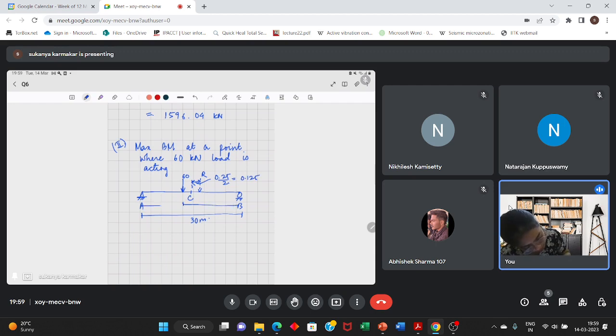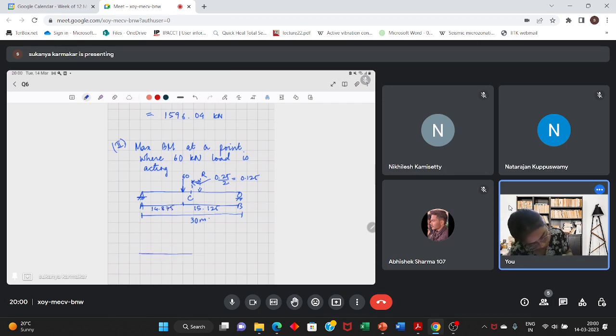This point, how much is this? This is 15.125. And this is 15 minus 0.125, so this is 14.875.